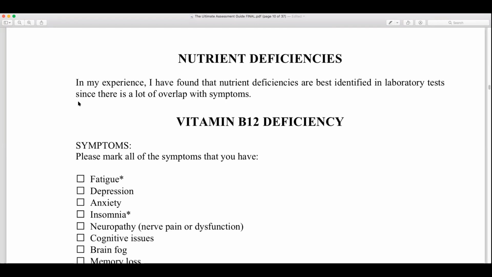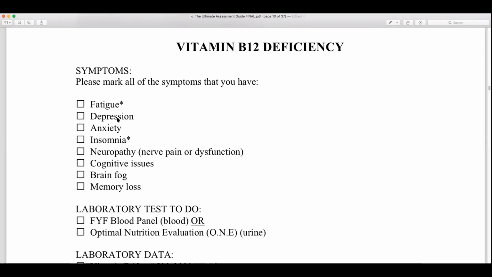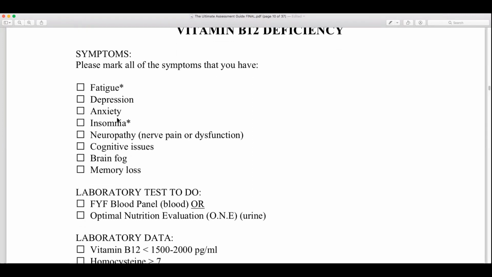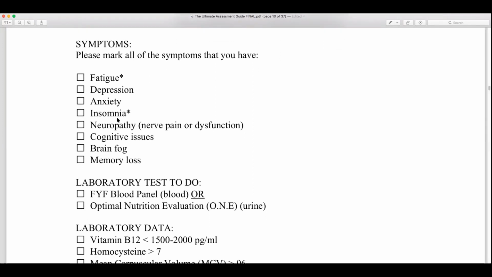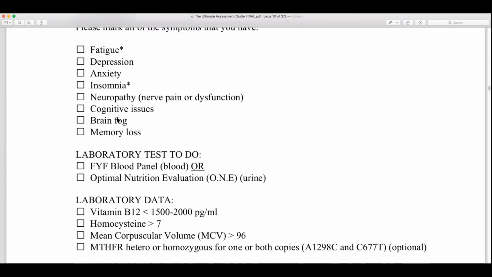So this generally means that if someone has these symptoms, it can be caused by a lot of different things. So we really need the labs in order to determine whether or not these are causes that we need to address. So B12 deficiency: fatigue, depression, anxiety, insomnia, neuropathy, so nerve pain or dysfunction, cognitive issues, brain fog, memory loss.